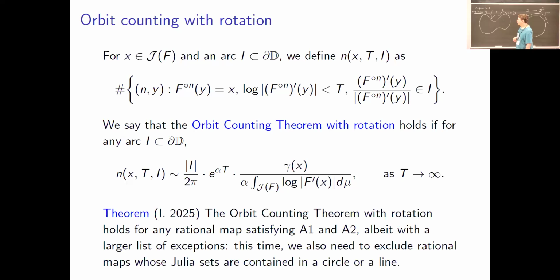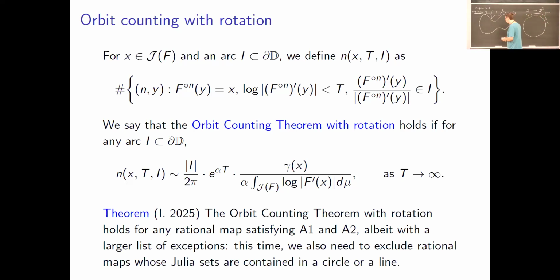And the answer is the orbit counting theorem with rotation holds for every rational map, but this time we have a larger list of exceptions. We also need to exclude the rational maps whose Julia sets are contained in a circle or a line.